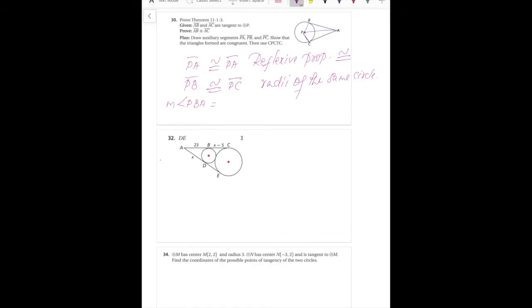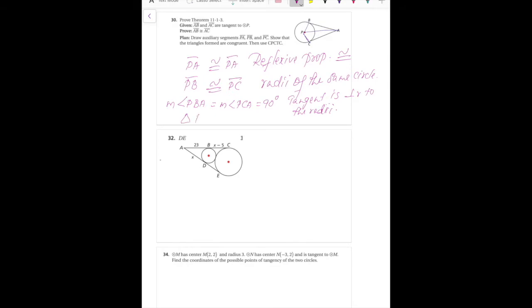or ABP is equal to the measurement of angle PBA, which is equal to the measurement of angle PCA, which is 90 degrees, because that is the first theorem, right? 11-1-1: the tangent is perpendicular to the radii.